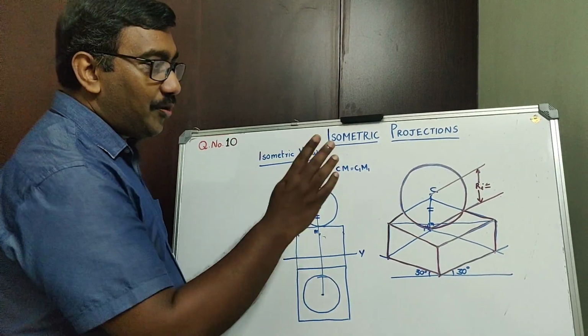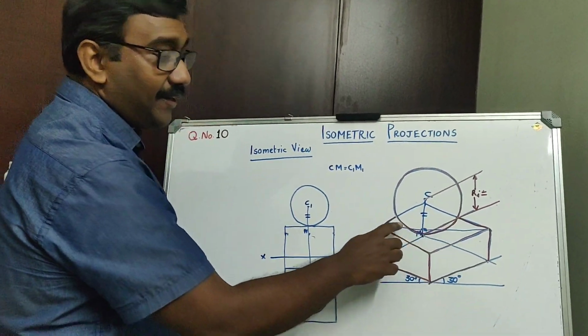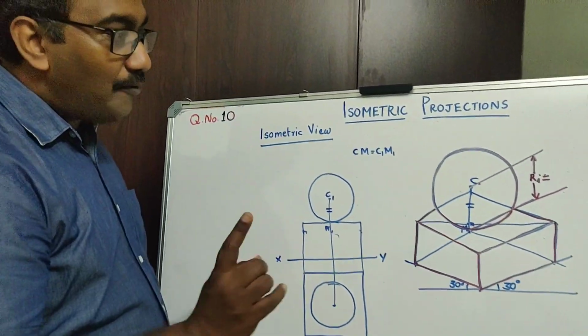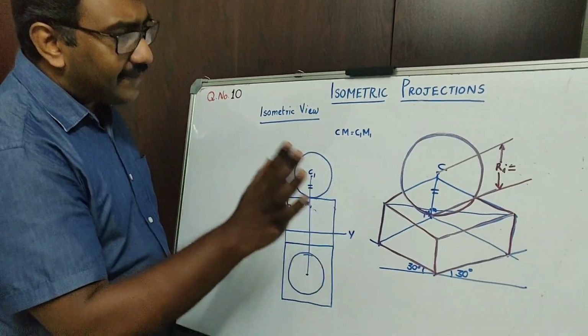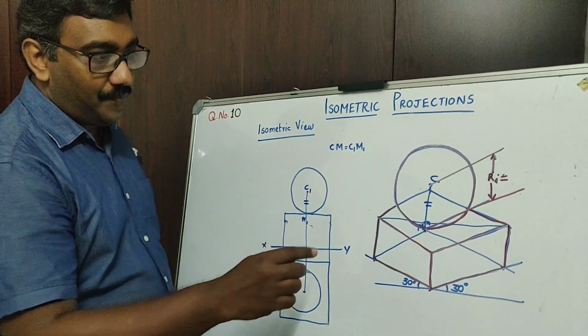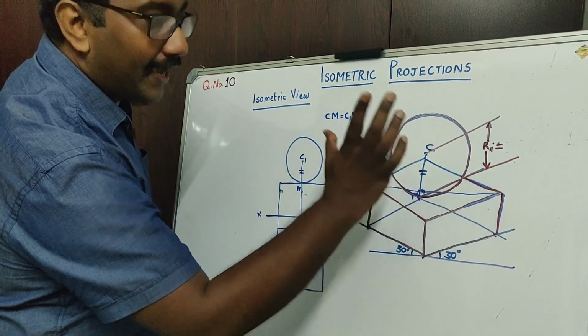After that, you are going to draw this particular circle for the sphere. How to draw that? There is a small change. See, just like the isometric projection, you are having this point M, that is the midpoint of the diagonal.